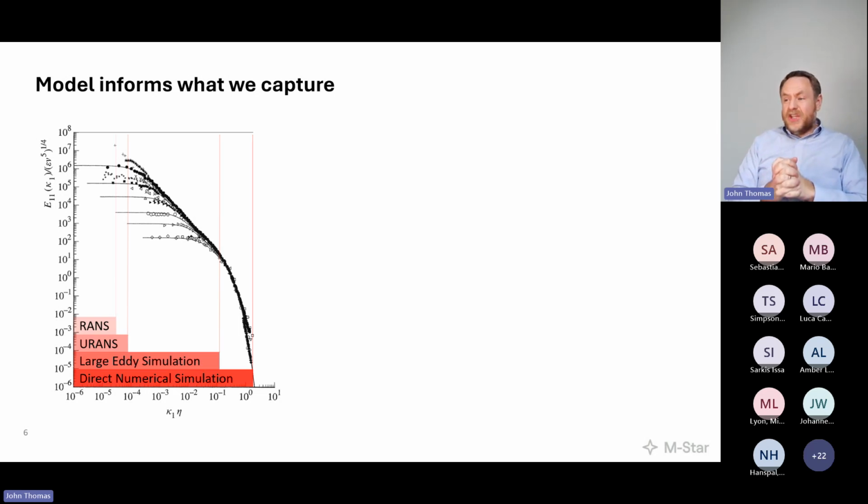But foundationally, within the context of the simulation, everything is captured, right? We're resolving all of the eddies. We're resolving the smallest fluid structures that contain some fragment of energy leaving the system. This is expensive, but it's complete, right? It's limited in scope by Reynolds number, but it's exhaustive.